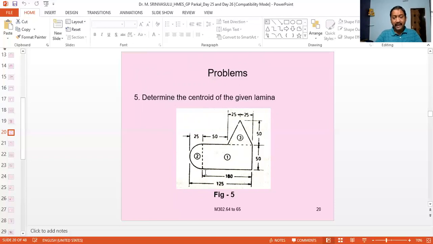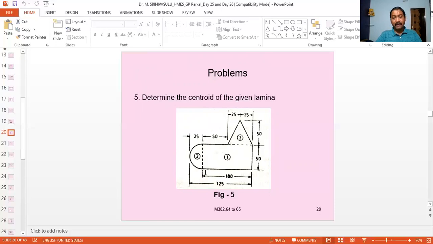Now, to find out the centroid of this figure, we need to define the reference axes. For this, the bottom edge will be taken as the OX axis, and the left edge, that is the point on the semicircle at the left, is taken as the OY axis.